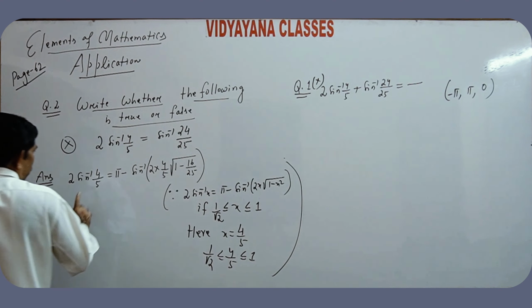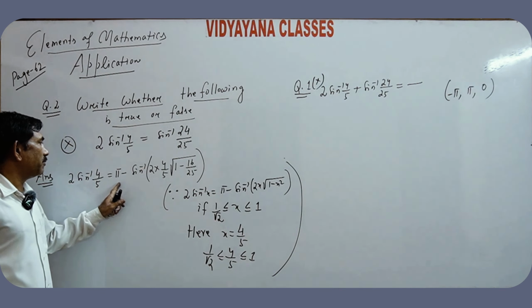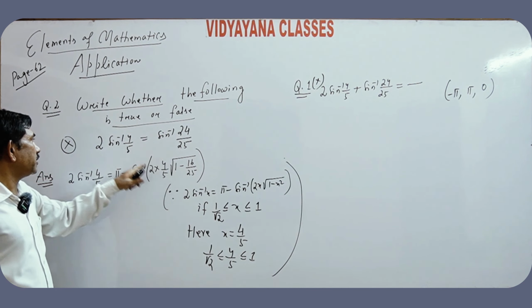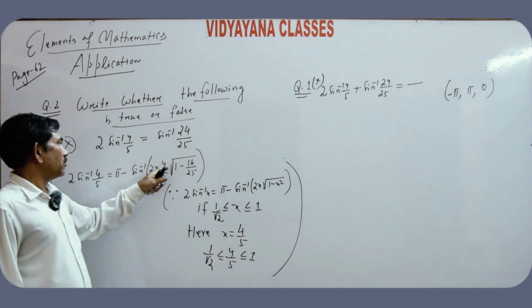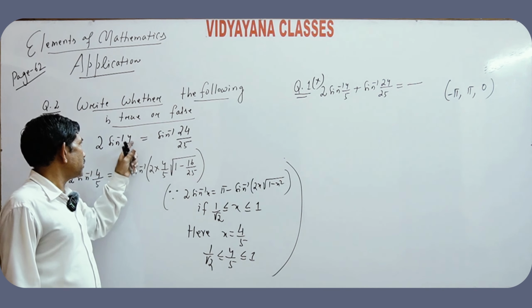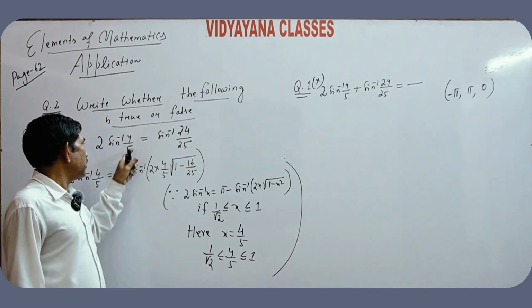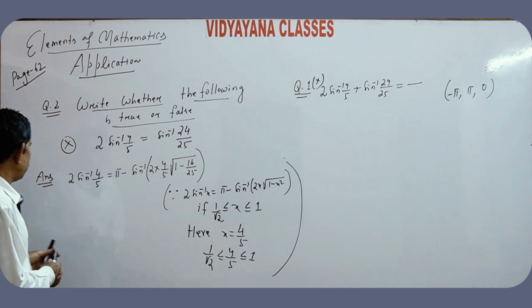2 sin inverse 4 by 5 is equal to pi minus sin inverse of 2 into x. X means 4 by 5, into root of 1 minus x square. X square means 16 divided by 25.